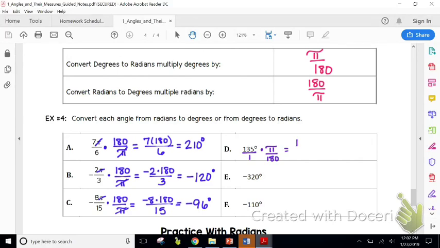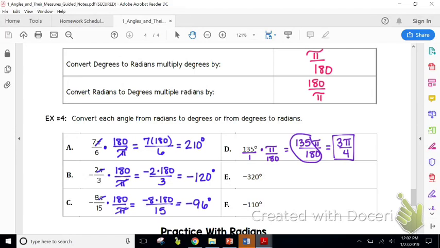So we get 135 pi over 180, and then we just need to reduce the 135 over 180. All right, so 135 over 180 is 3/4, so we get 3 pi over 4. You could write it as 3/4 pi, but most of the time we see it written like that, okay?